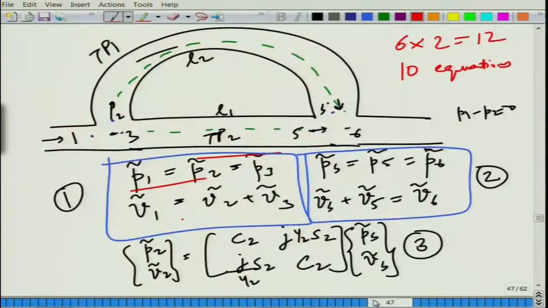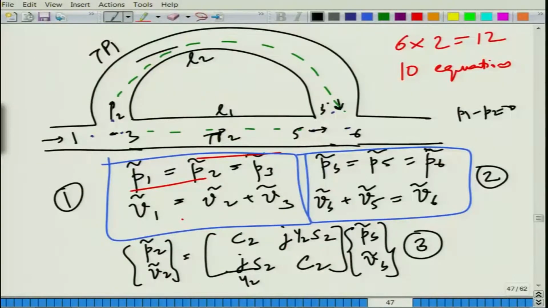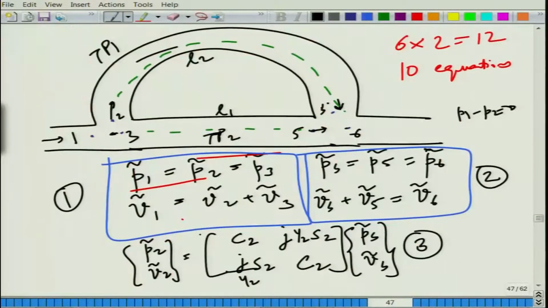Okay. And now, P2 is equal to P3. What does it mean? It means that this will become 1 and this will become minus 1. Okay. So, you have this kind of a thing, and V1 is equal to V2 plus V3. So, what is the third equation?